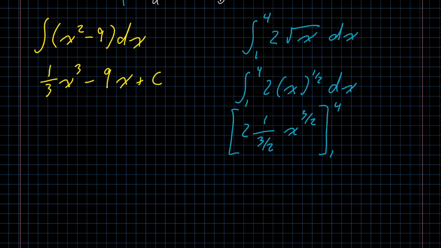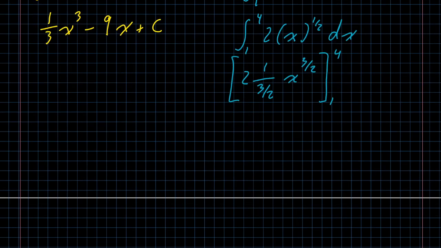I think it's going to be useful here to clean up a little bit before we actually plug in. So 2 divided by 3 halves is 4 over 3. X to the 3 halves power is x times the square root of x, just simplifying that radical.